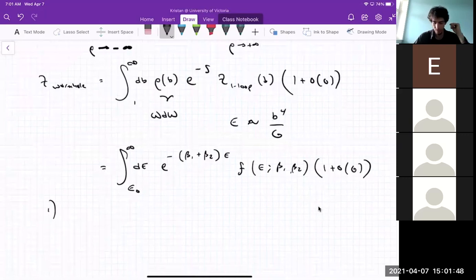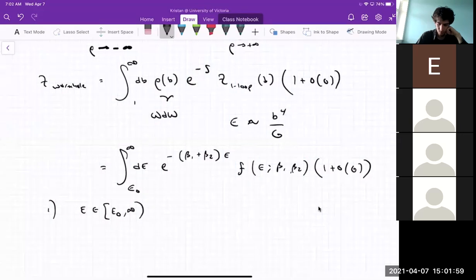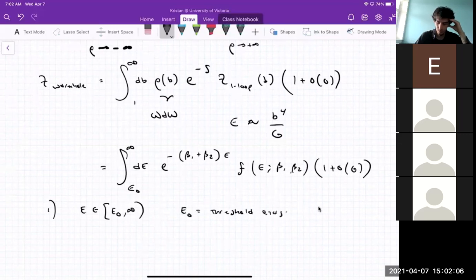One is that the energies that one integrates over, starting at this E naught, it turns out, is the threshold energy: the energy of the lightest black hole in AdS with spherical boundary, so-called small black holes in AdS.